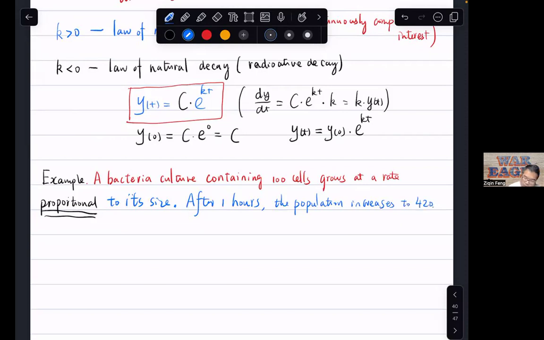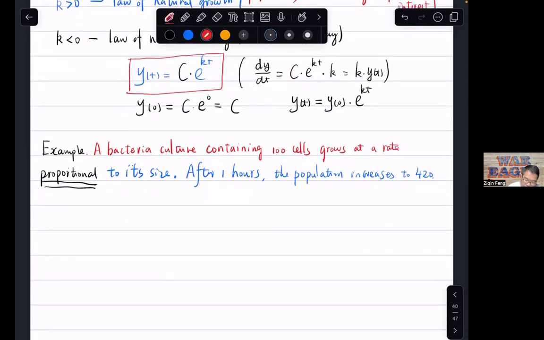So what do we want to know? We want to know two things. First, we want to find an expression of the population of bacteria after t hours.